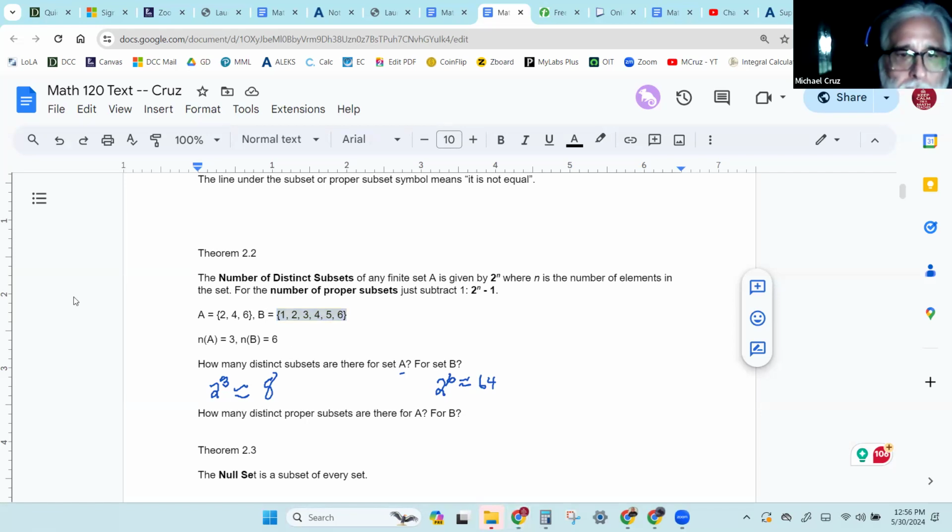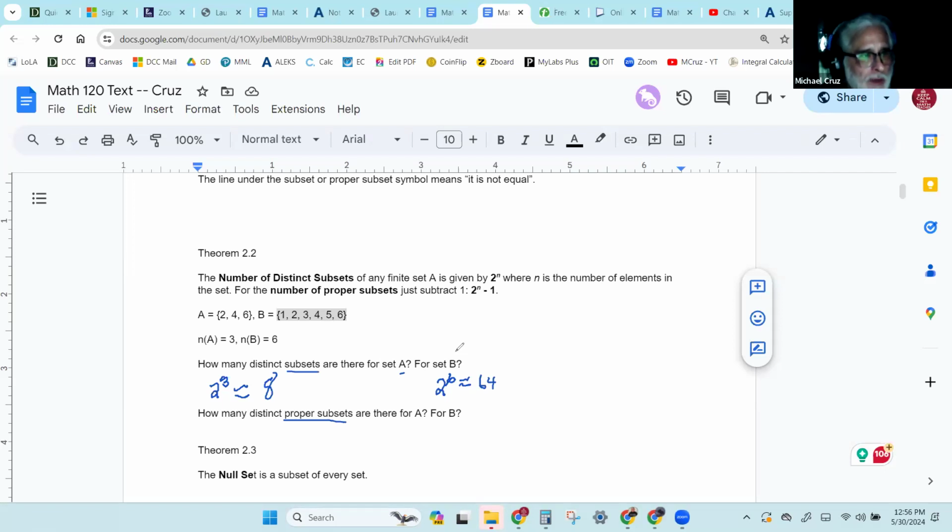Now, right here is where proper subsets are. Here was just subsets. Here's proper. If you remember back up there when we were talking about proper subsets, I had mentioned that proper subsets cannot have equality.